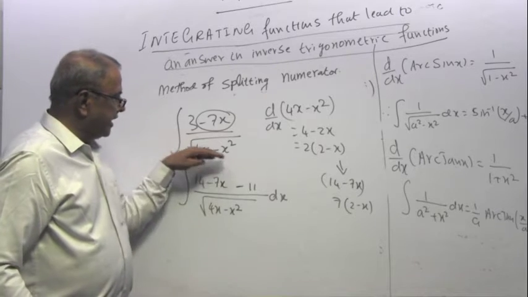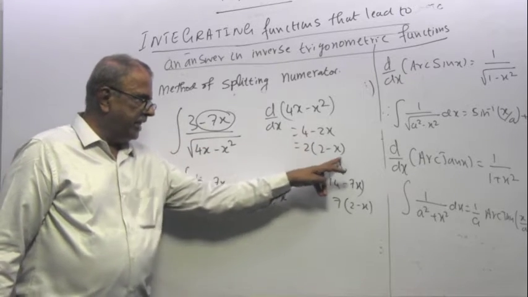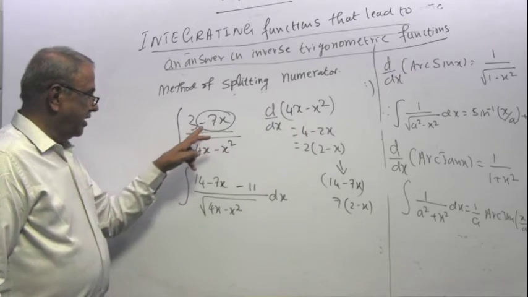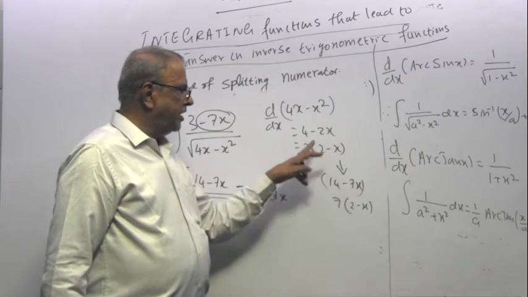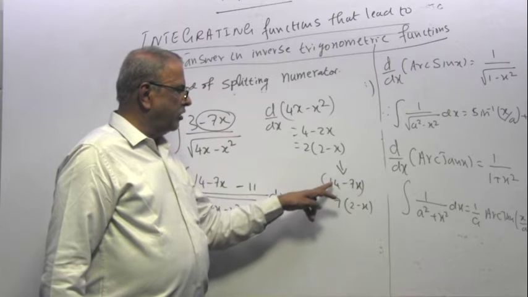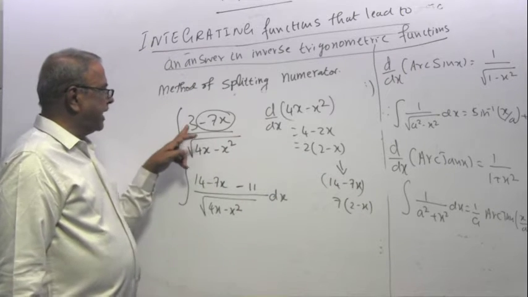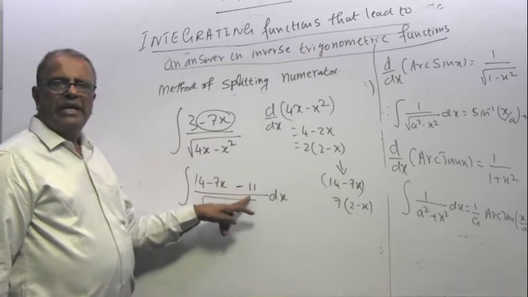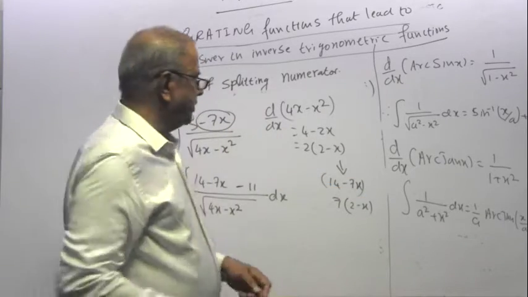You differentiate the denominator, remove common factor, see the variable part is 2 minus x. I have a 7x, so when this minus x becomes 7x, I need to multiply by 7, so I'll get 14 minus 7x. So I wrote 14 minus 7x, but I needed a 3, so I took away 11. So you adjust the numerator before splitting.